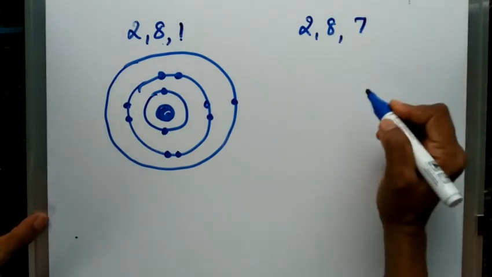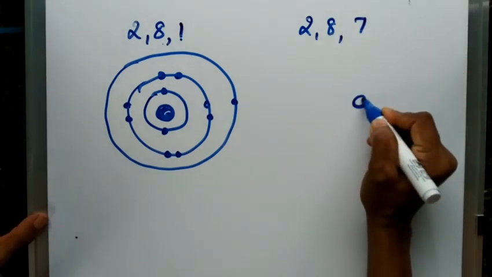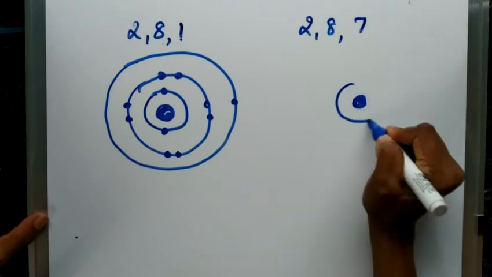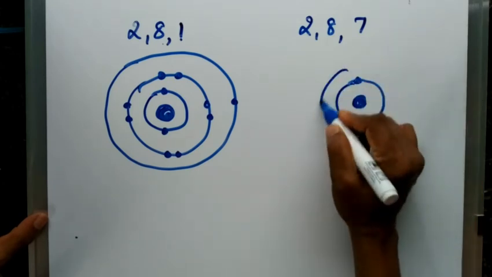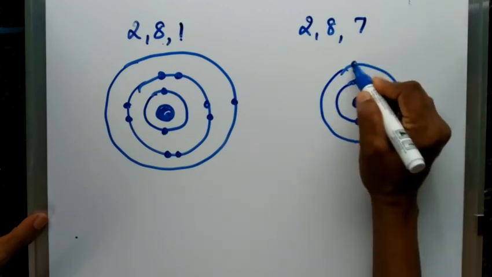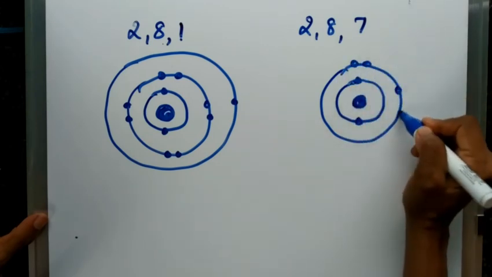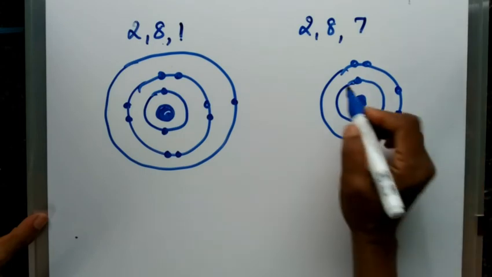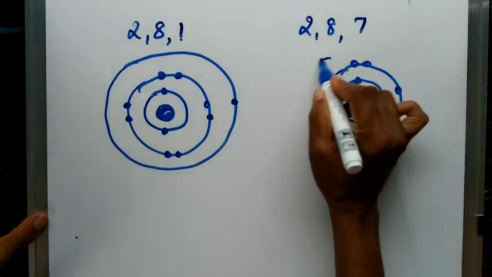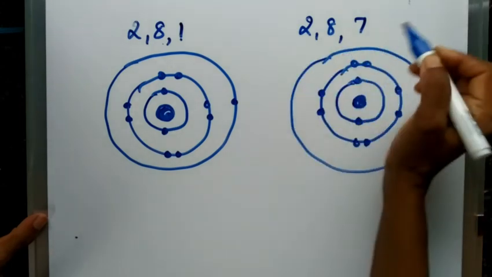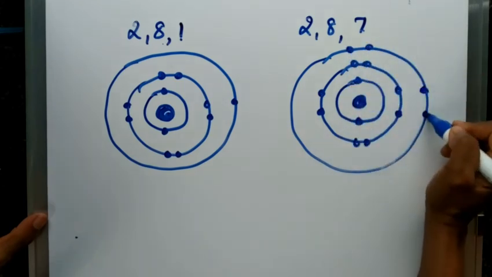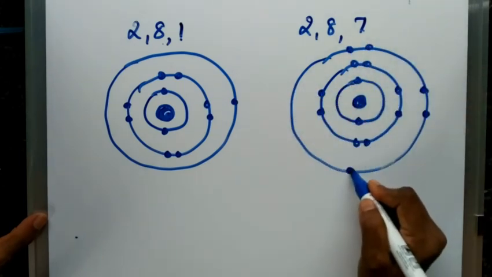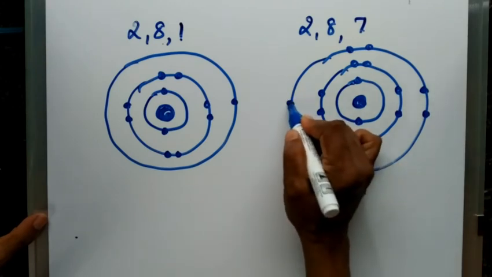Similarly for chlorine atom, this is the nucleus. First shell you have 2 electrons. Second shell you have 8 electrons. And third shell you have 7 electrons. So 2, 4, 5, 6 and 1, 7.